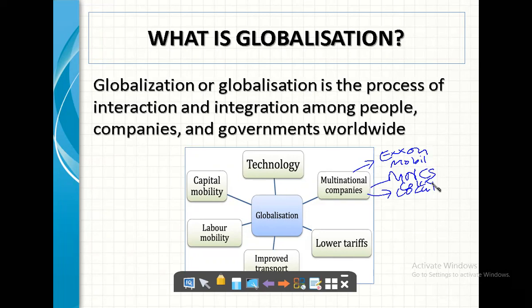What about technology in globalization? Smartphones, I see. What else? Machinery? Computers? What about capital mobility? What are we talking about when we say capital mobility?